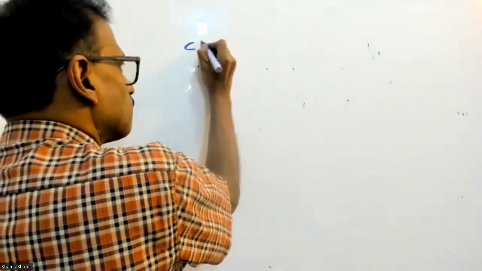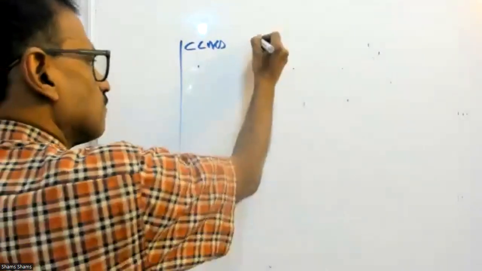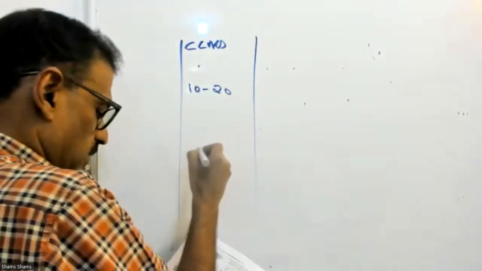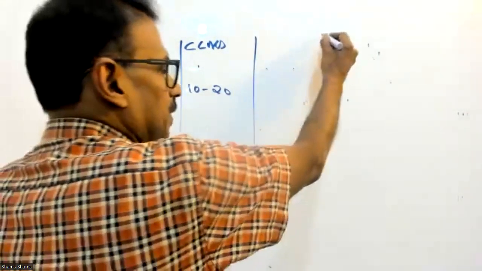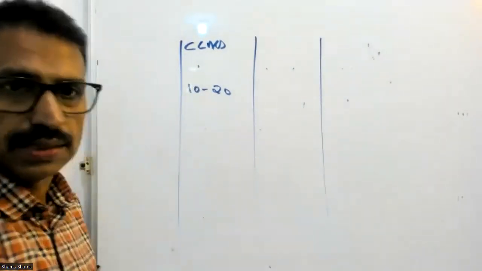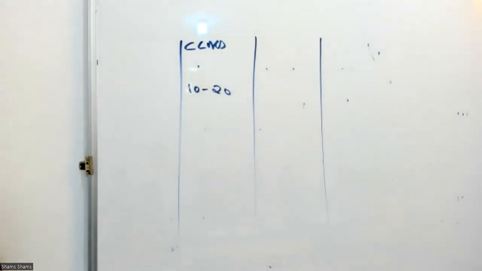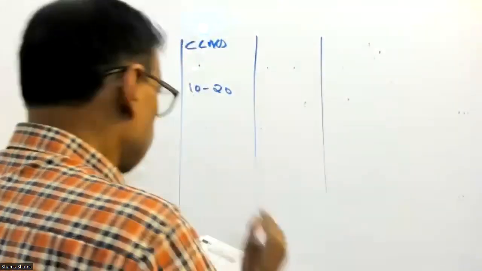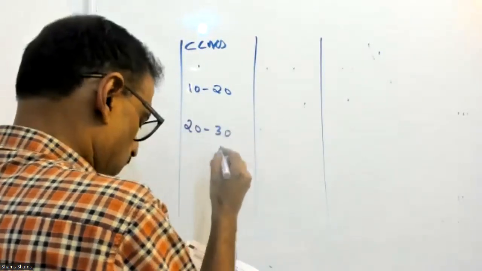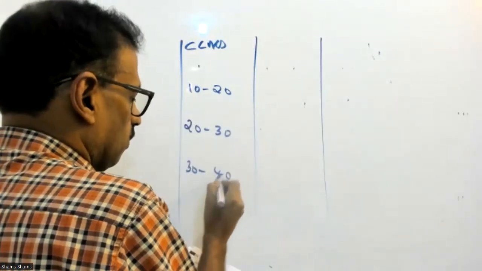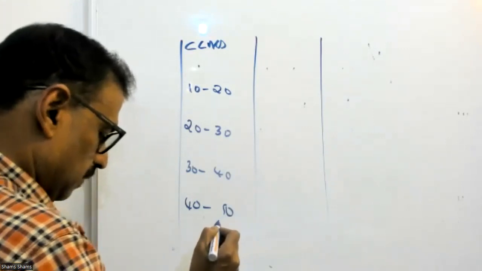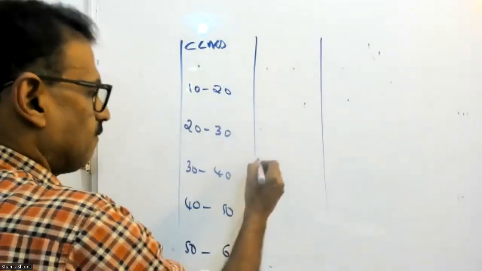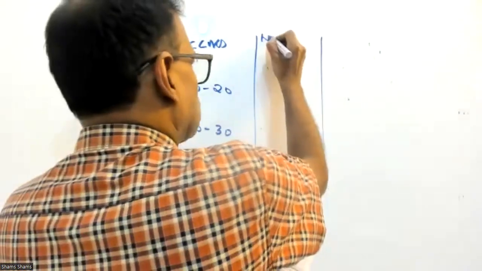Class 0 to 10, 10 to 20, 20 to 30, 30 to 40, 40 to 50, 50 to 60, 60 to 70. Both will be equal width. Don't make one shorter, one bigger. Equal width, one scale width enough.